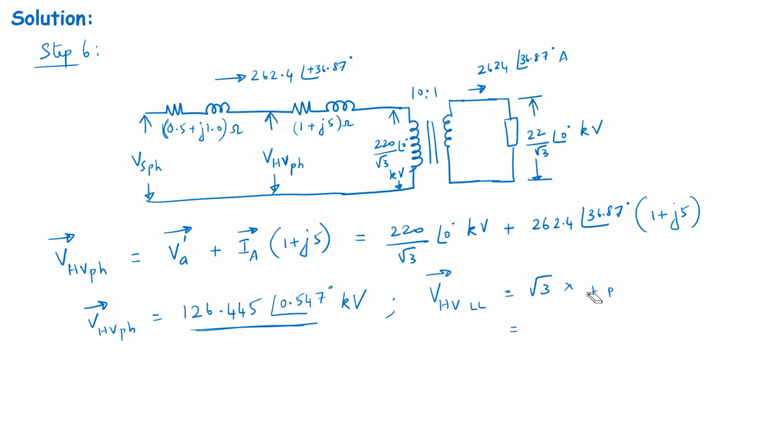So let me just re-represent this slightly differently. Root 3 at an angle of 30 degrees into VHV phase. So the magnitude will be amplified: 126.445 into root 3. This is 219 kV.